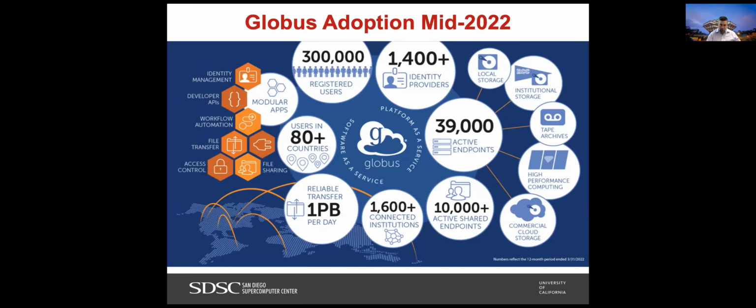There are endpoints on a huge number of the R1, R2, R3 universities that most of you are from or working with, and it can talk to a lot of different storage solutions. And again, at the base level, it's still free to the end user. So anyone can get up and running with it, which means that you're not tied to only the premium users being able to deploy it.